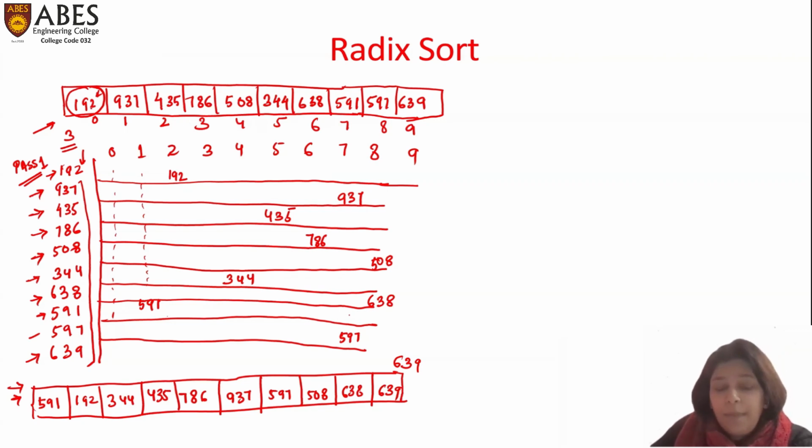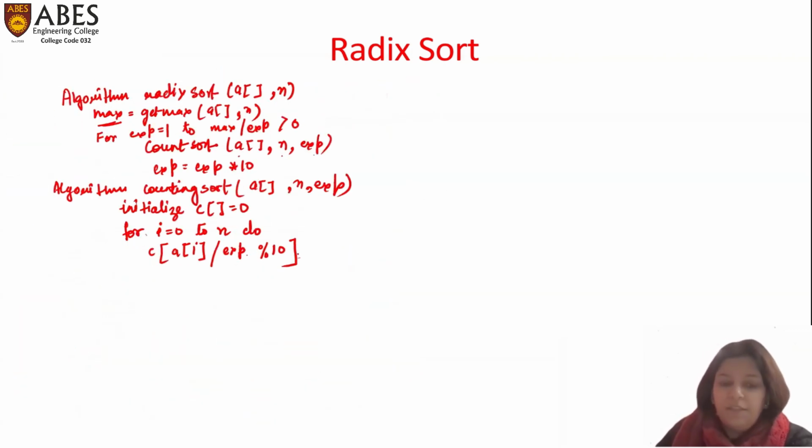We have to increment the counting array whose index is 2. So that now we have come to know that there is one number with the value 2 at the ones place, right? In this way, for each number of the input array, we are going to increment the counting array.